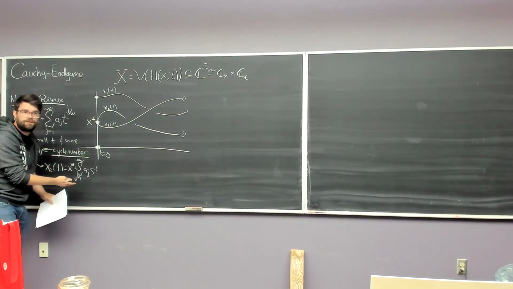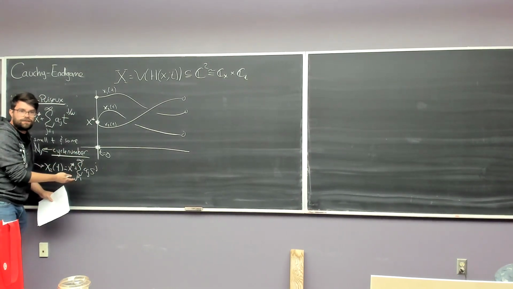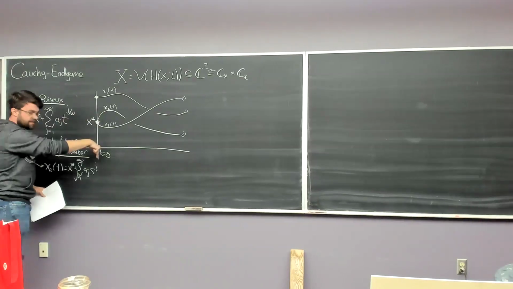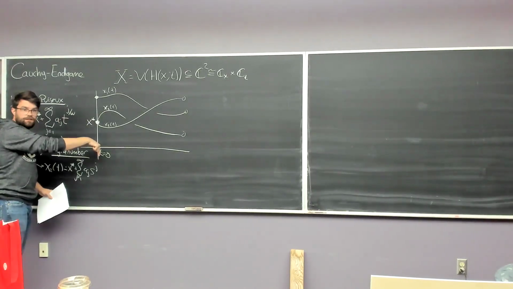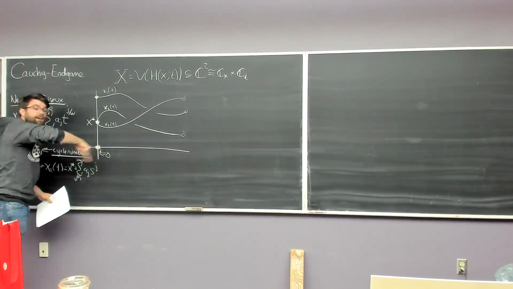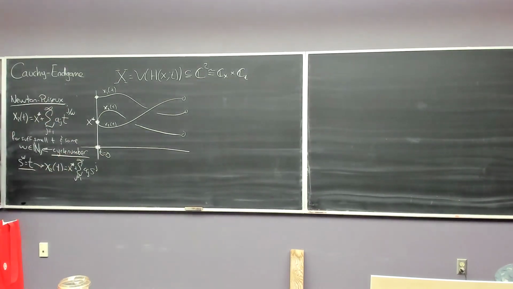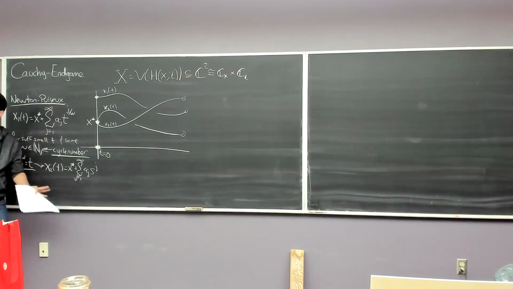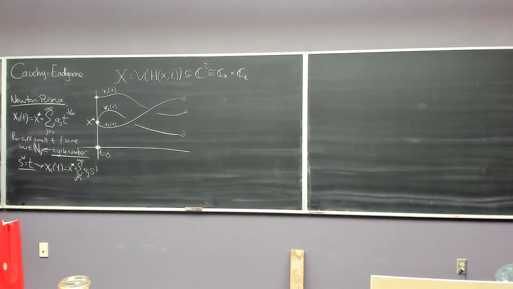This is analytic. But what happens when you project down to the t space? You're going around w times because s to the w is t. So the fact that this analytic function exists is the Newton-Puiseux theorem. And if you do the bookkeeping correctly, you can see everything that's going on geometrically.